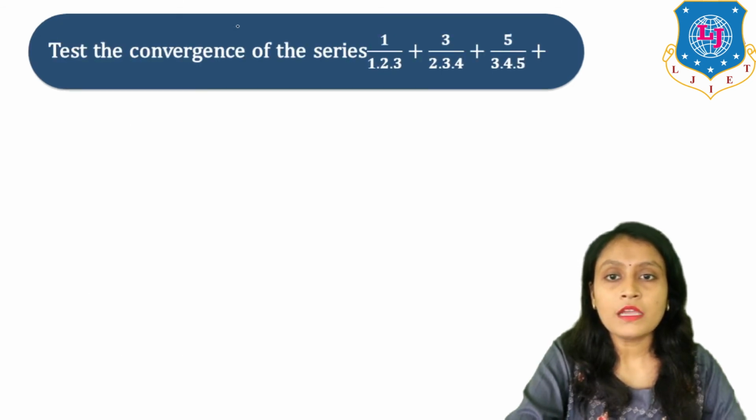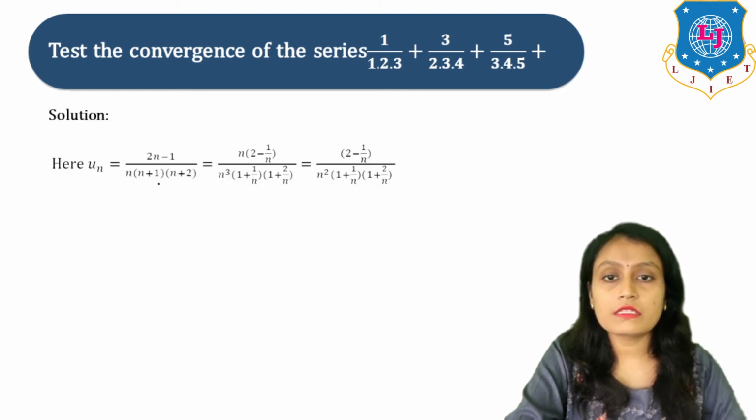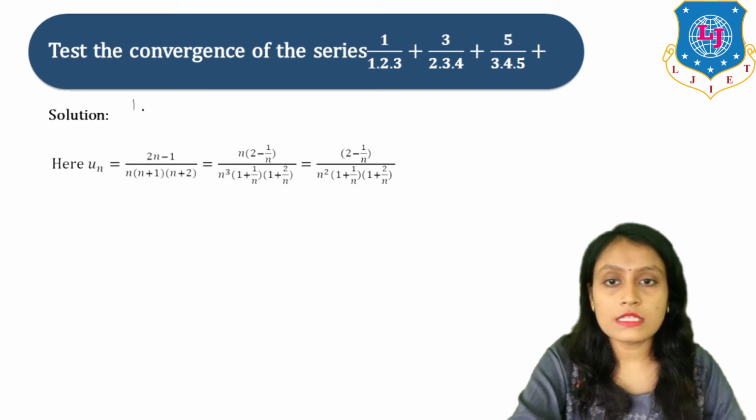Next, test the convergence of the series 1 upon 1 into 2 into 3 plus 3 upon 2 into 3 into 4 plus 5 upon 3 into 4 into 5 and so on. Okay, now here the nth term is not given, so we have to find the nth term. In the numerator you can see the sequence is like this, that is 1, 3, 5.